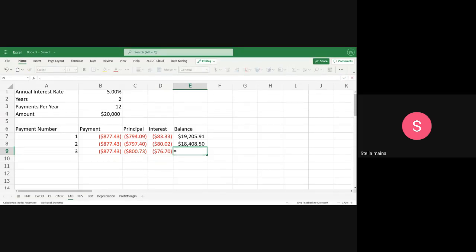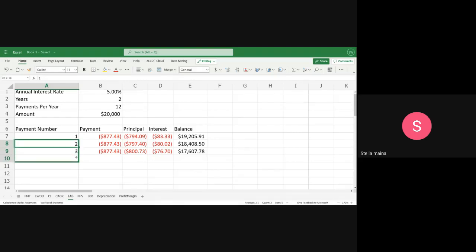Just E8 plus, no, yeah, E8 plus C9. No, was it accepted at that point?